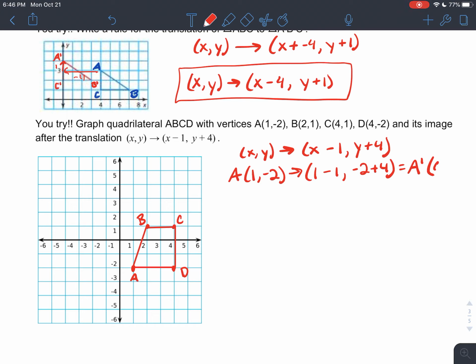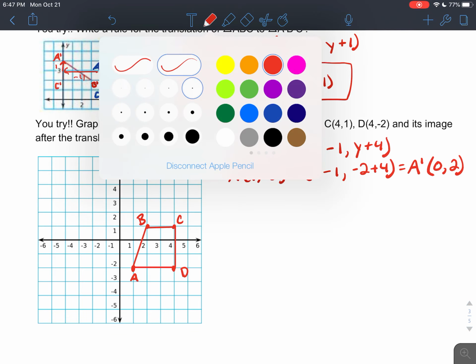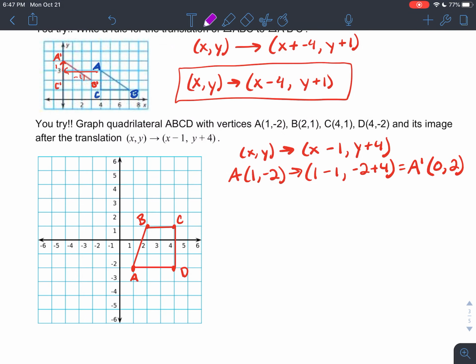at, well, 1 minus 1 is 0. And -2 plus 4 is 2. So I'm going to use a different color. So A prime is at 0, 2. And if I check, that is indeed left 1, up 4. So it matches the translation. And I could just do the same thing for B. B is 2, 1. So now x is 2, y is 1.